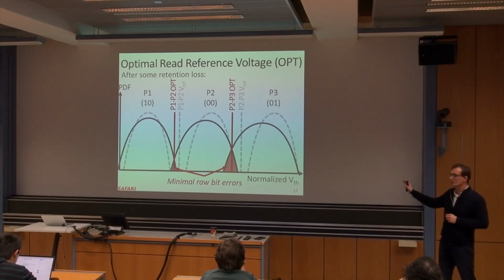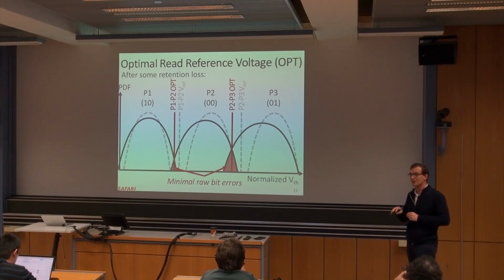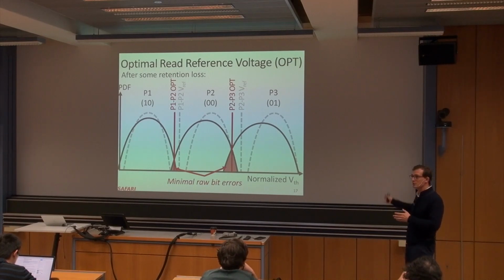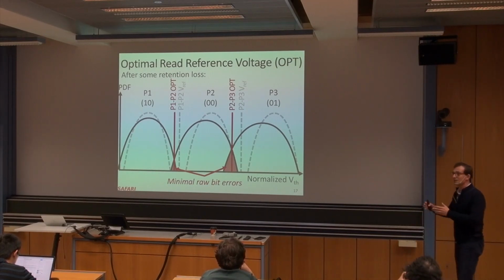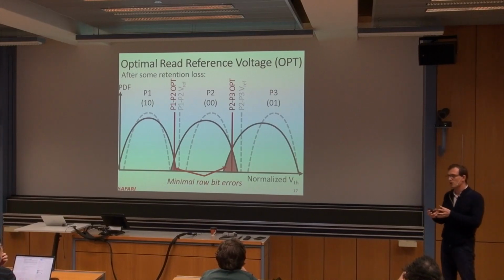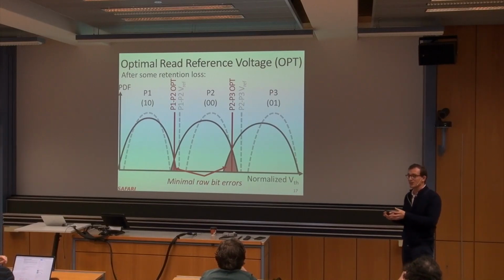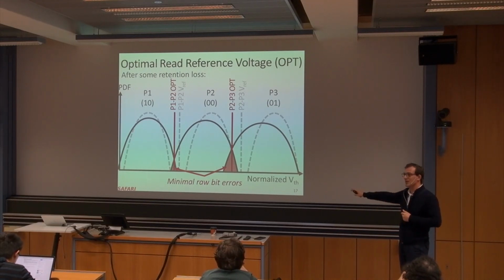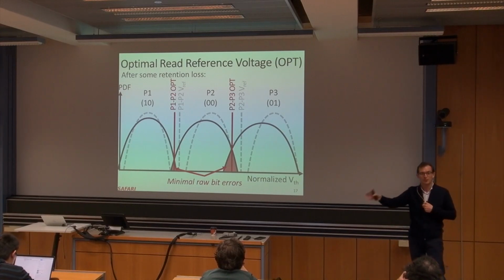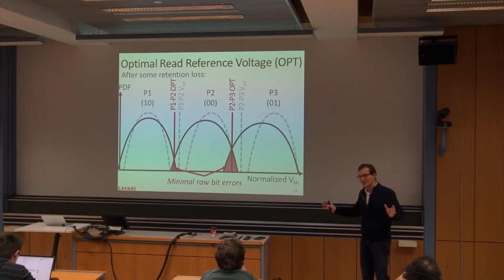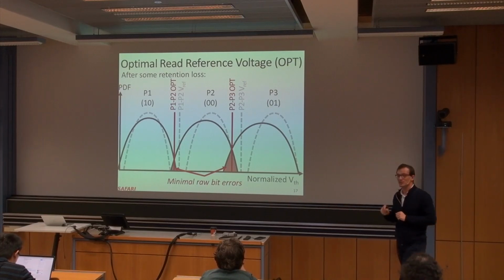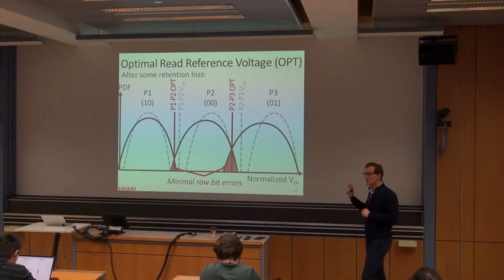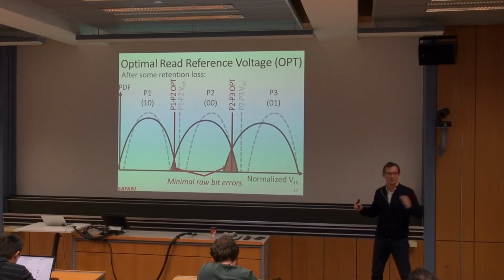There are a lot of models that these controllers build online, during operation today, to characterize the distribution and have a model inside that predicts, okay, the distribution will be like this, given that the data has stayed here for n days, given that neighboring pages have been programmed, maybe with these values, and as a result, I'm going to pick a read reference voltage that's here. We're going to talk about some of those models, but there's a lot of very interesting research that has gone into it to minimize these raw bit errors, because these raw bit errors are actually a lot.